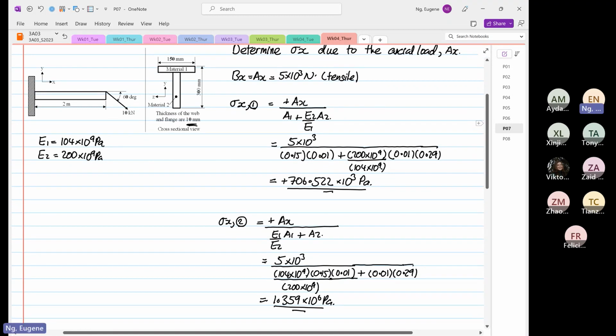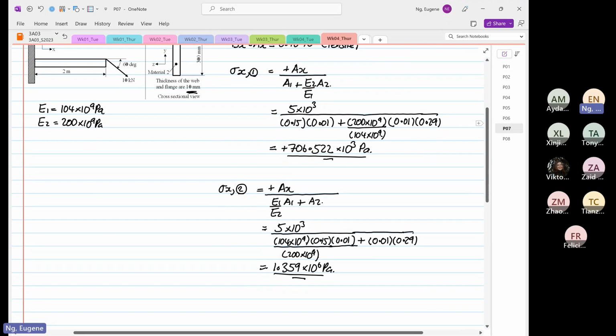Let me do it again. So 104 divided by 200. 1.359. Yep. Right. So take note, the stress x in 1 is 10 to the power 3. Stress x in 2 under axial load is 10 to the power 6.